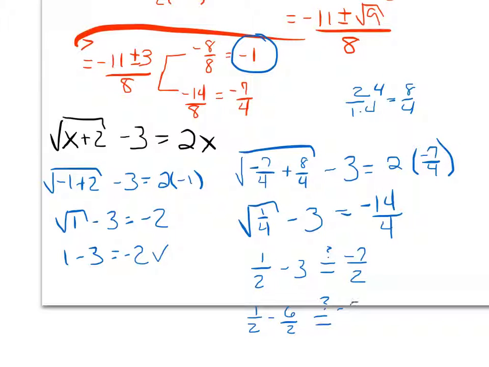Does that equal negative 7/2? Well, 1 minus 6 is negative 5. Since negative 5 over 2 does not equal negative 7 over 2, this would be considered an extraneous solution. So even though I got it as an answer up here, it did not work when I checked it, so it is extraneous. And negative 1 is my only solution, so it'll be the only one I circle.